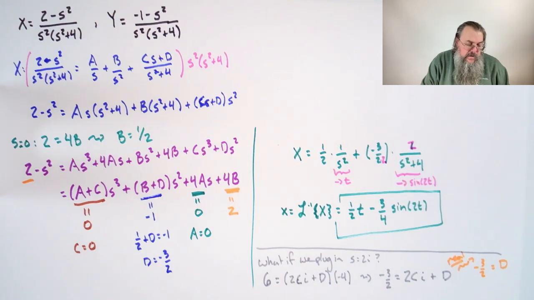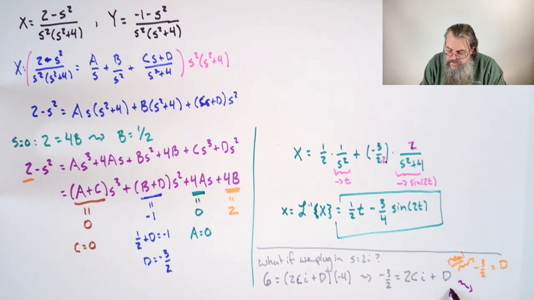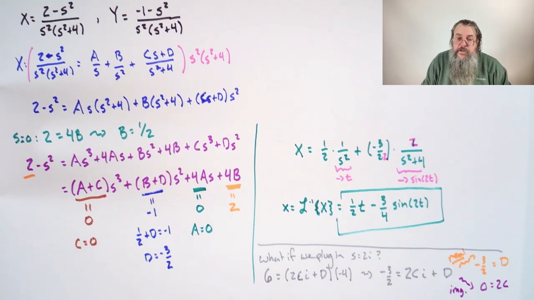And then the other thing would be the imaginary part would say, well, there's nothing imaginary on this right-hand side. There's no i. 0 has to equal 2c. And we come to the conclusion that, oh, d should be negative 3/2 and c should equal 0, which it did. So yes, it is possible to plug in complex numbers.